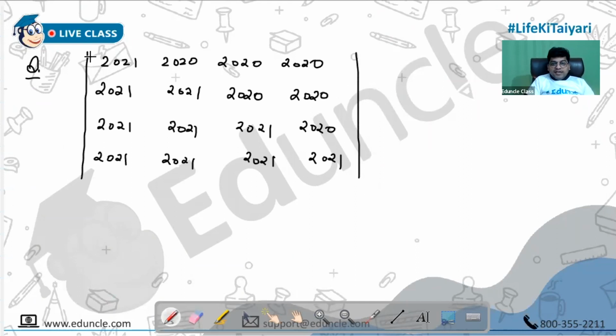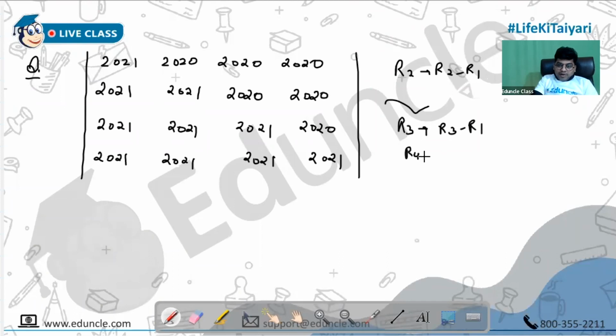If you do R2 minus R1, is there any problem with the determinant? No. Yes or no? This is okay. R3 minus R1 and R4 minus R1.